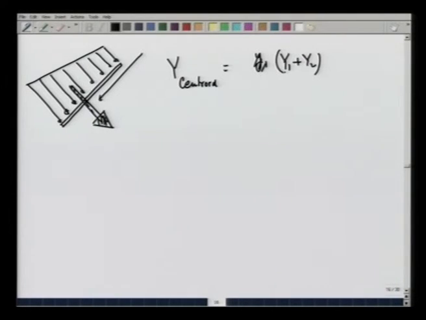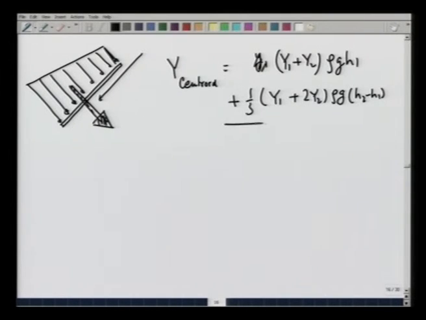I am using the formula that we derived earlier for the centroid: rho g h1, which is the pressure here, at this point, plus 1/3 (Y1 plus 2 Y2) rho g (h2 minus h1), divided by rho g (h1 plus h2).